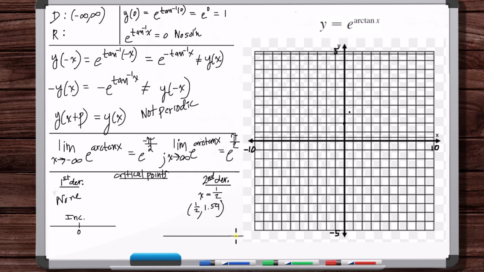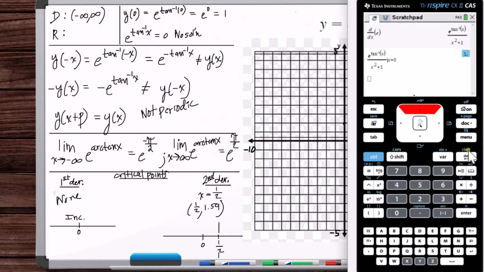Okay, the second derivative is going to potentially change from positive to negative or negative to positive at one point, at x is equal to 1/2. And then it's going to be concave up or concave down for every single point to the left, and then concave up or concave down for every single point to the right.